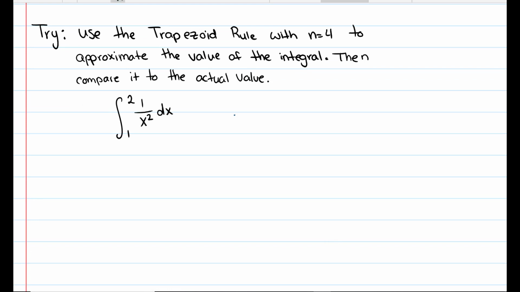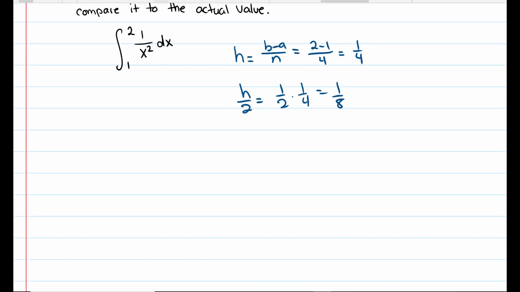So the first thing we need to do is determine h, b minus a over n, which is going to be 2 minus 1 over 4. So it's again 1/4. So h over 2 then is 1/2 times 1/4, which is 1/8. So the trapezoid rule is T equals h over 2 times y0 plus 2y1 plus 2y2 plus 2y3 plus y4.